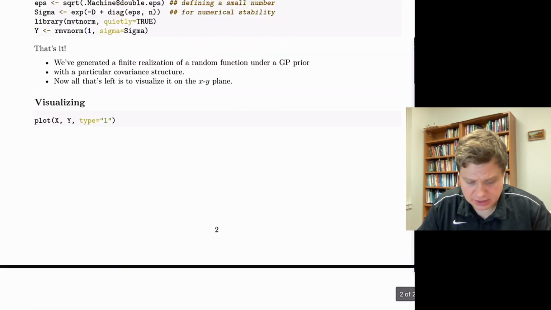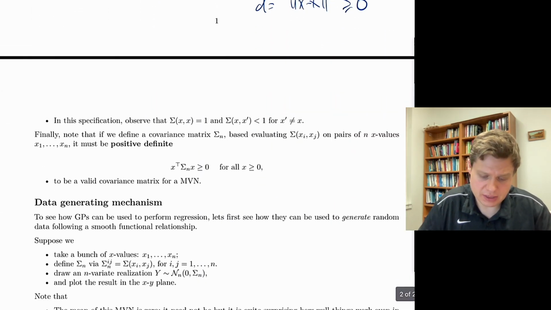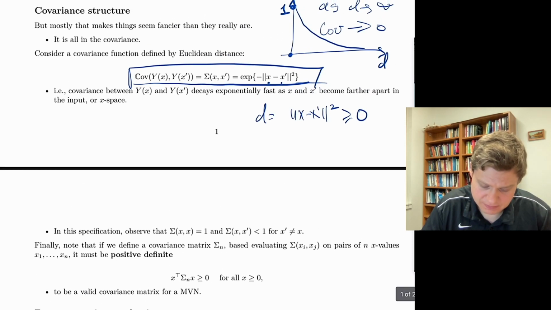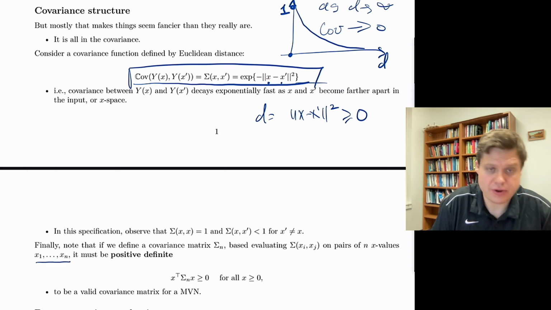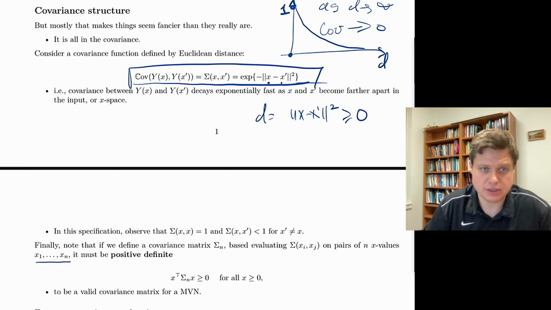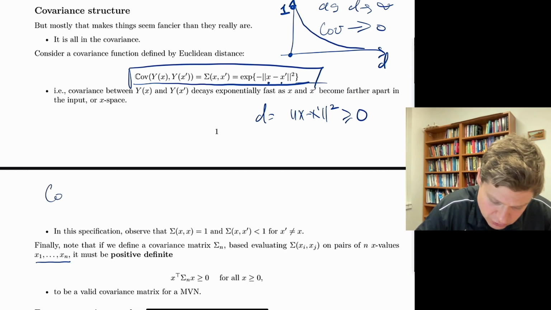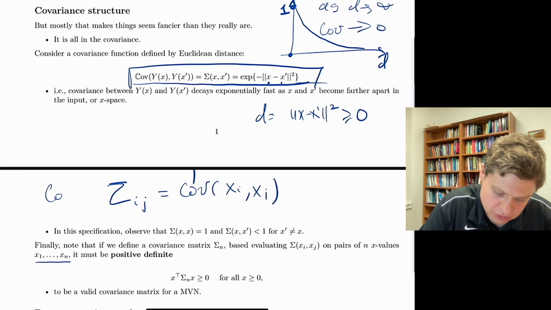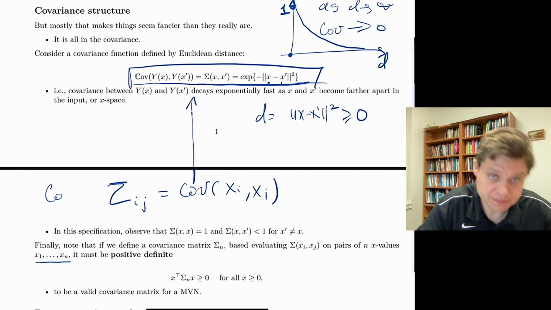And so let's do some simulations. One thing to keep in mind is the matrix. If you take some observations x1 through xn, so just any numbers on the real line, and then you calculate the covariance matrix for those using this covariance function, so you calculate sigma, and the ijth element of sigma is the covariance of xi and xj, calculated according to this covariance function here.